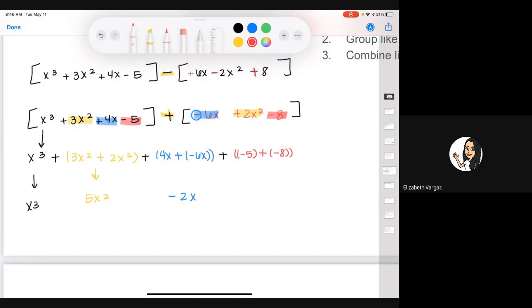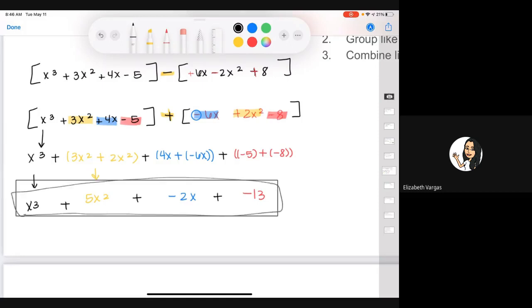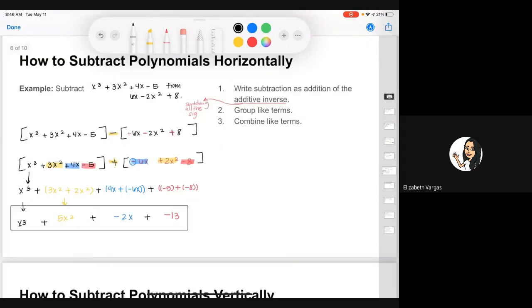Negative 5 plus negative 8 is negative 13. Oops. Now I'm just putting those plus signs. And there I get my expression, which is the result of me subtracting those two polynomials.